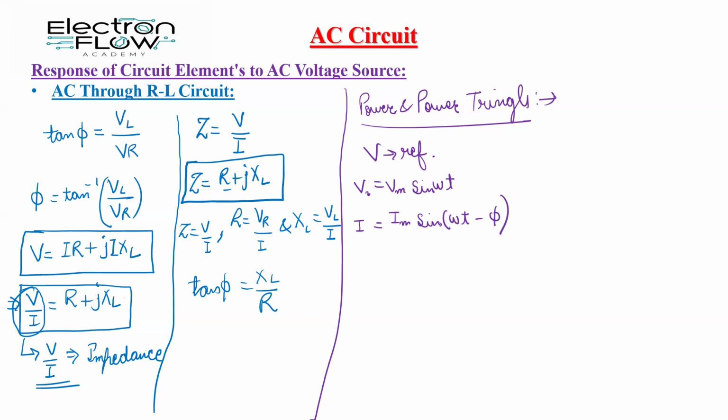Because the voltage leads the current by an angle of phi in the case of pure resistance connected in series with pure inductance. We know that the maximum value of the current is equal to the maximum value of the voltage divided by impedance, and phi is equal to tan inverse of XL divided by R, from this equation.